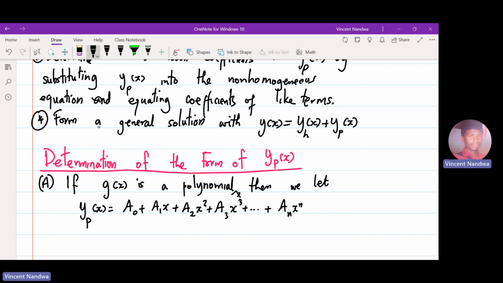So we can say if this is a polynomial of degree n, then we assume that the particular solution takes the structure of a general polynomial, where a naught, a1, a2 up to an are to be determined.